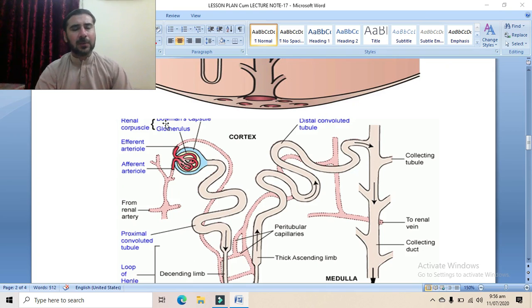So the renal corpuscle consists of glomerulus and Bowman capsule, and remember this area, this is the cortex. In the previous lecture we have studied that the outer region of the kidney is the cortex while the inner region is known as the medulla. So the cortex basically contains these renal corpuscles.